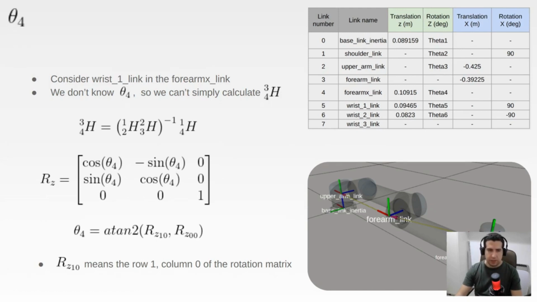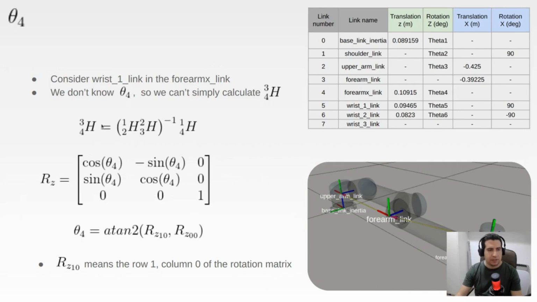this orientation is just a rotation about the z-axis. So we can calculate it by using the arctangent of this matrix. So we have sine of theta 4 in the first argument and cosine of theta 4 in the second argument. And also, how do we get this rotation matrix?